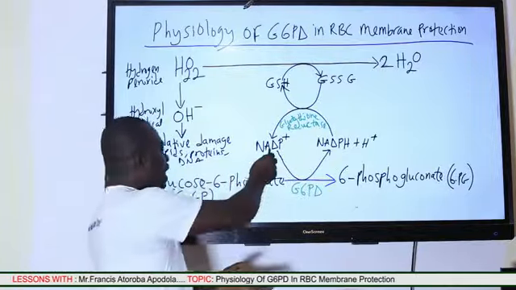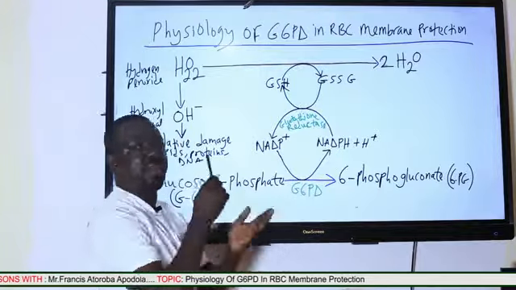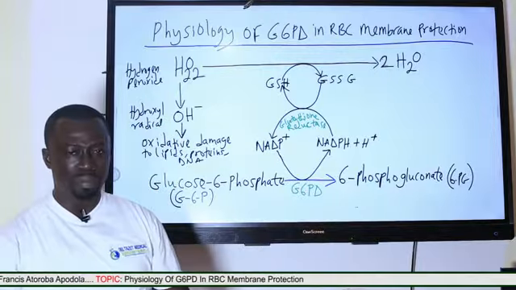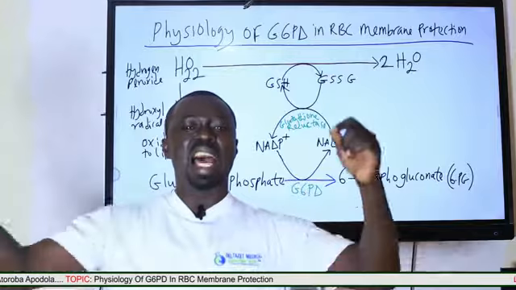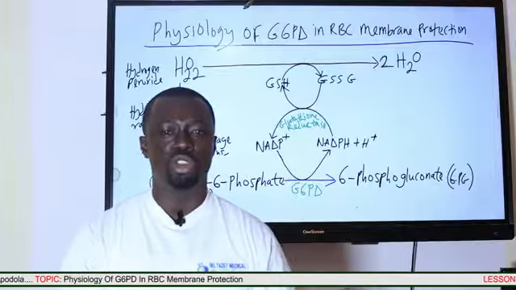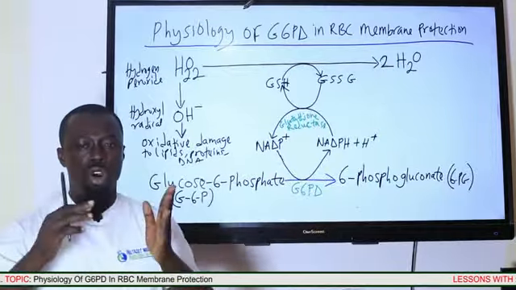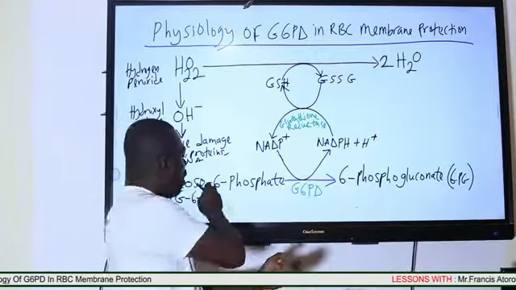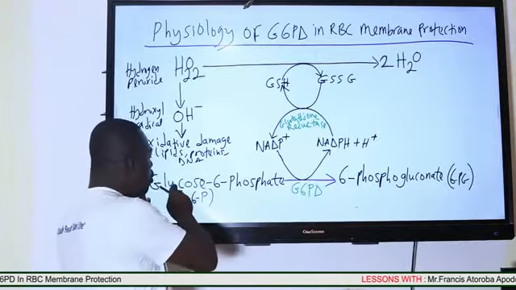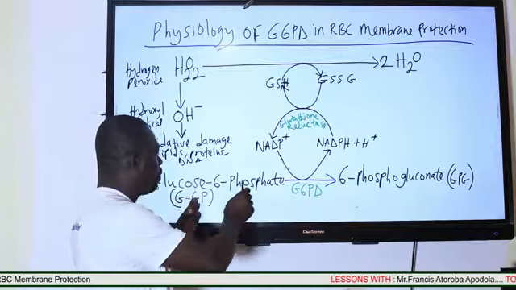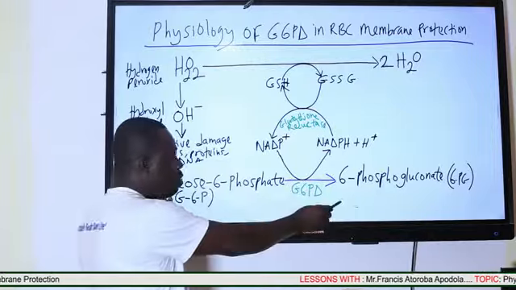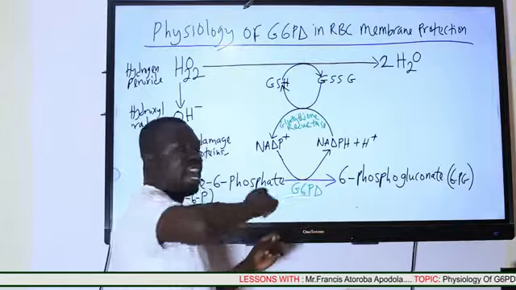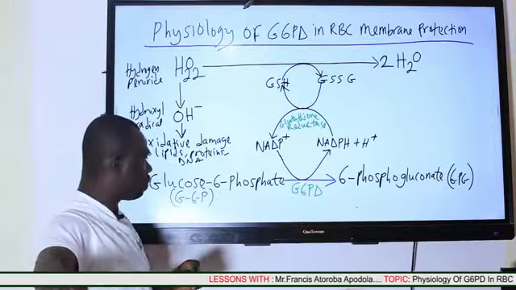Now, this means that this direction is a reduction reaction, because we define reduction as the addition of hydrogen to a species, whilst oxidation is the removal of hydrogen from a species. Removal of hydrogen from glucose 6-phosphate implies that glucose 6-phosphate is undergoing an oxidation reaction.